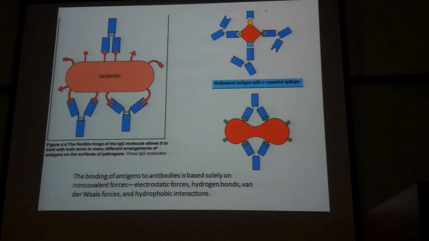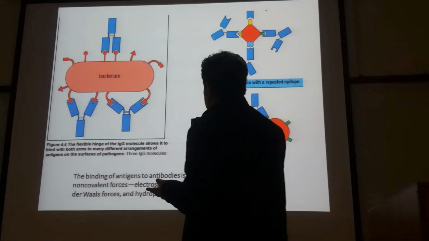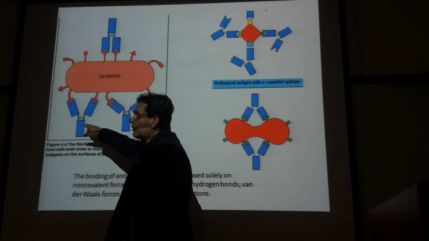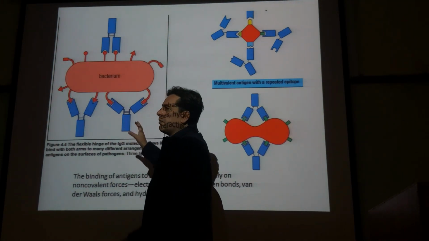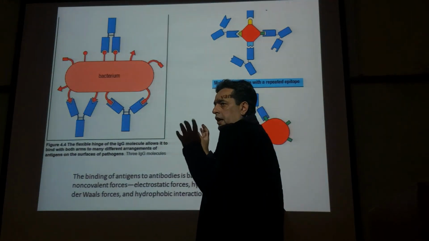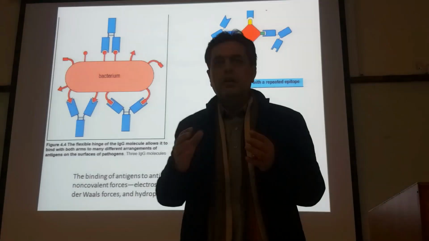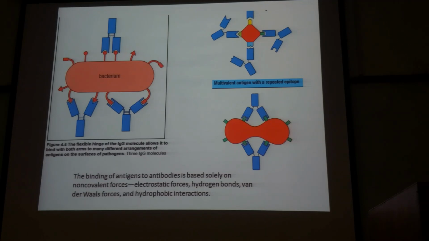These carbohydrates, glycoproteins or glycolipids can be of different shapes and topologies, and for all of them these hinges help the antibody bind very specifically, just like the lock and key mechanism that you already know about.